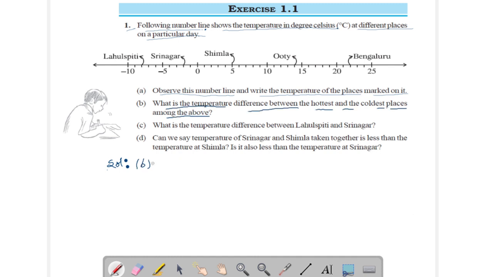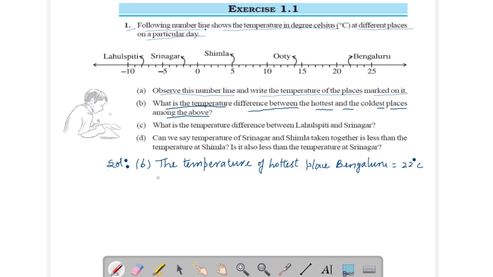The temperature of the hottest place, Bengaluru, is equal to 22 degrees Celsius.